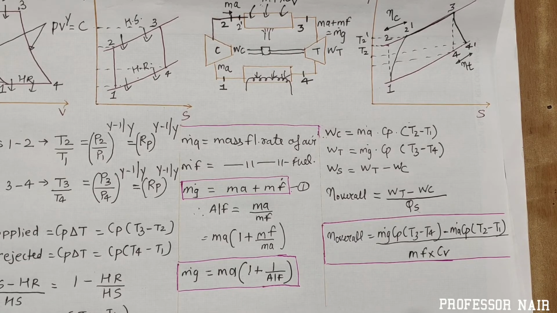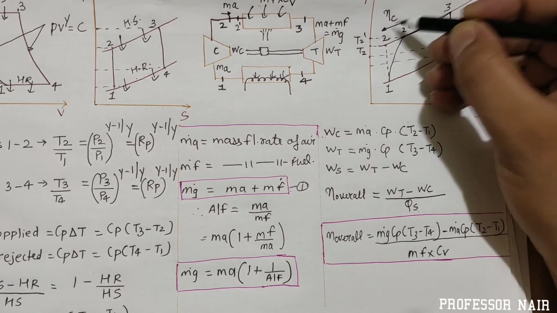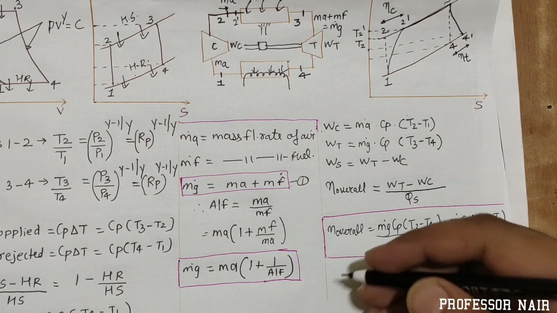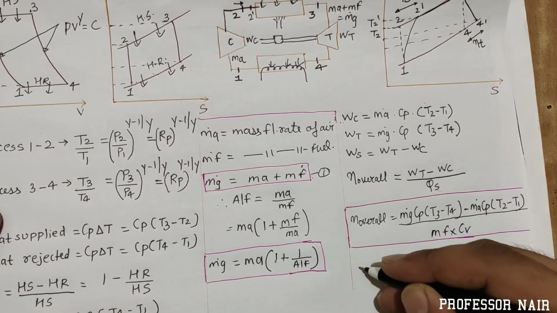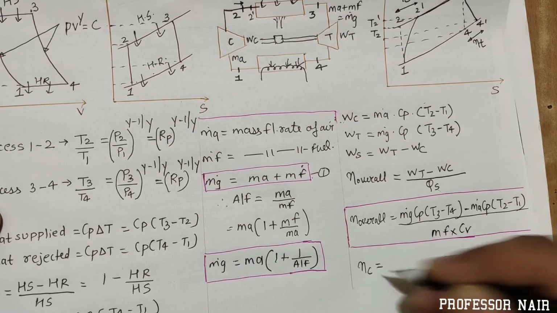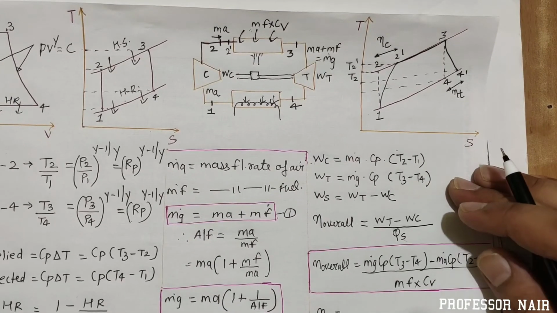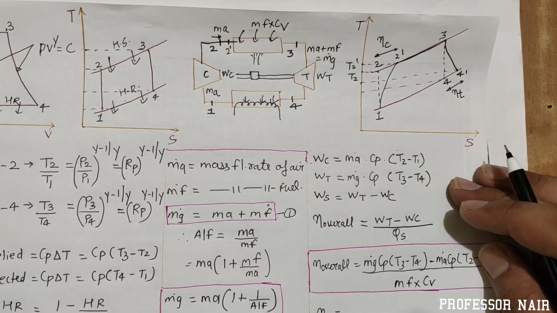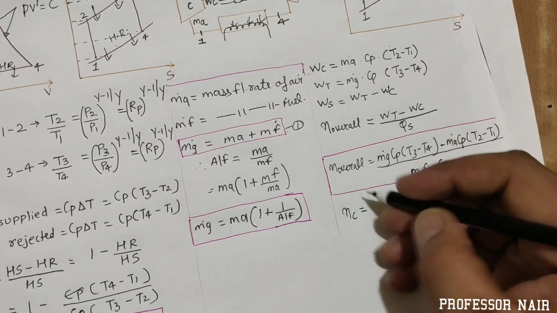Okay, hope you are understanding this term. The actual gas turbine varies by this compressor efficiency. If you want to derive the compressor efficiency, efficiency would be ideal upon actual.